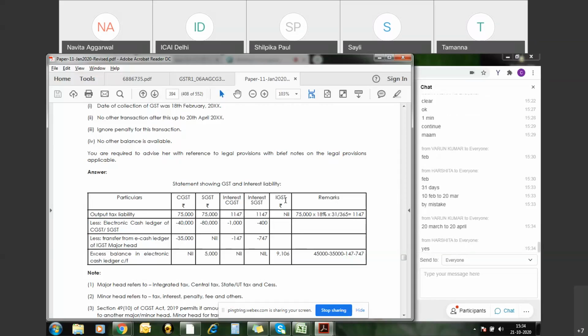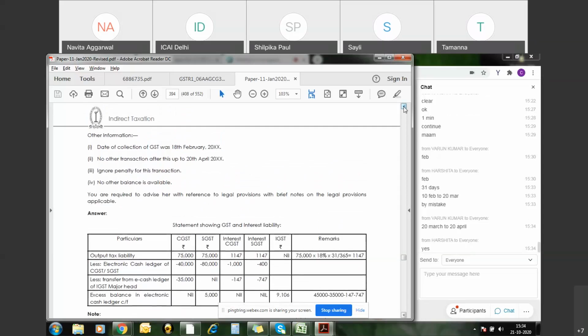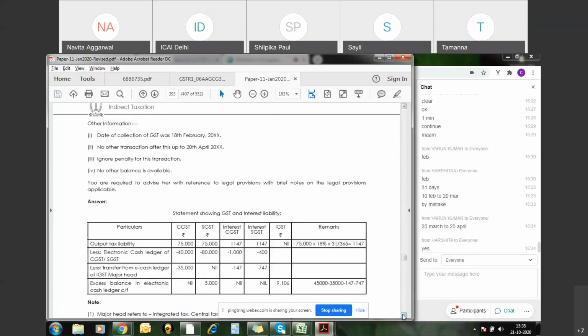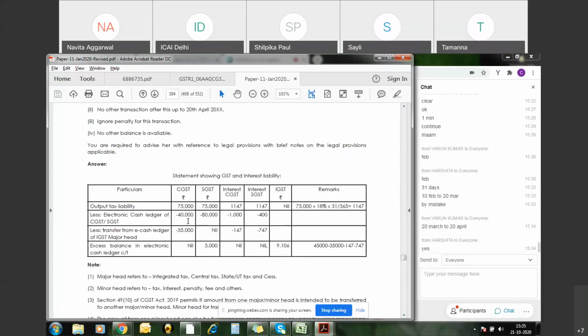Since there is no outward liability towards IGST, there is no interest or penalty. Now they are saying what balances were available in the opening cash ledger. So what was your cash ledger saying, how much amount was available? They said that CGST 40,000 was available, SGST tax 80,000 is available. So what have you done? The liability is 75,000. You set it off against the balance available under the cash ledger, 40,000 and 80,000.